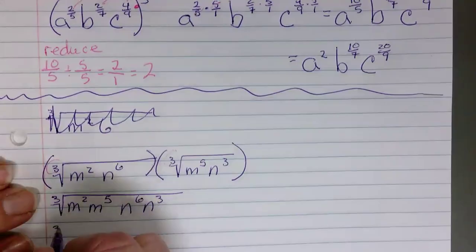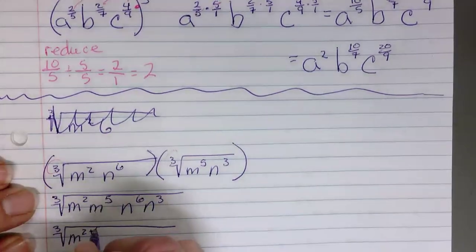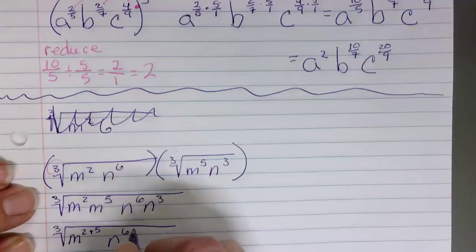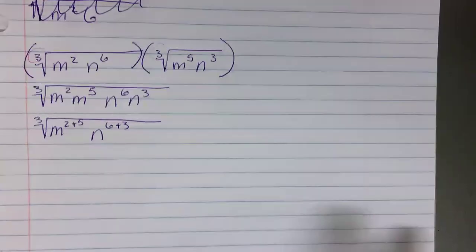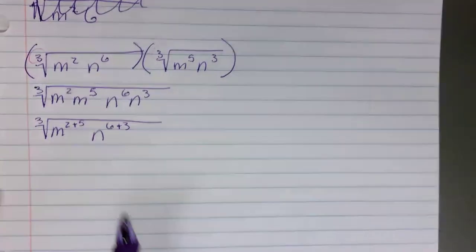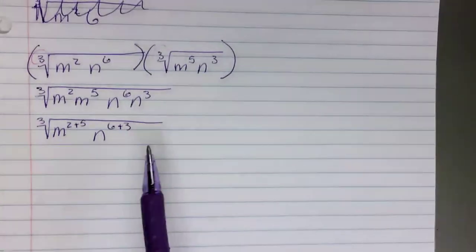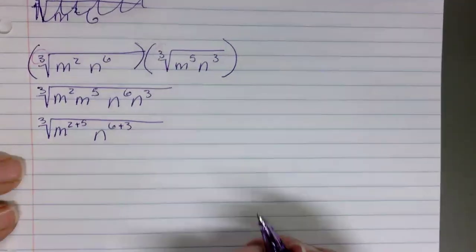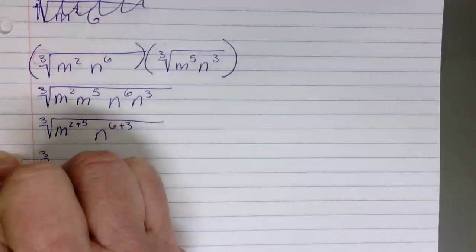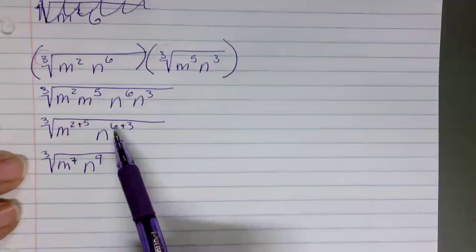So I'm going to do cube root of m to the 2 plus 5, n to the 6 plus 3. In our notes, we always write this step out. If I were just doing a test or a quiz and I'm confident, I could just add those in my head. I wouldn't have to write the step. So then let's do cube root of m to the 7th, n to the 9th, because 2 plus 5 is 7, 6 plus 3 is 9.